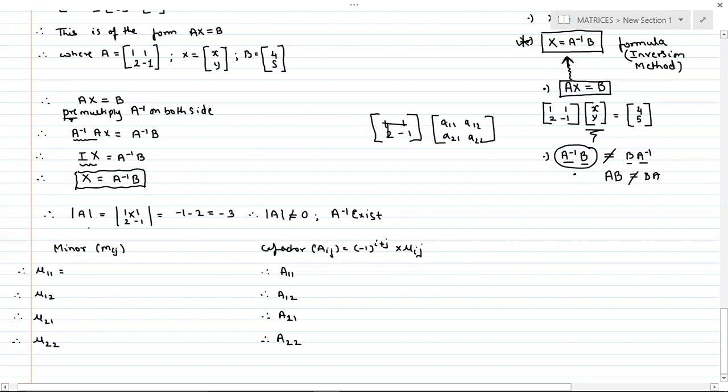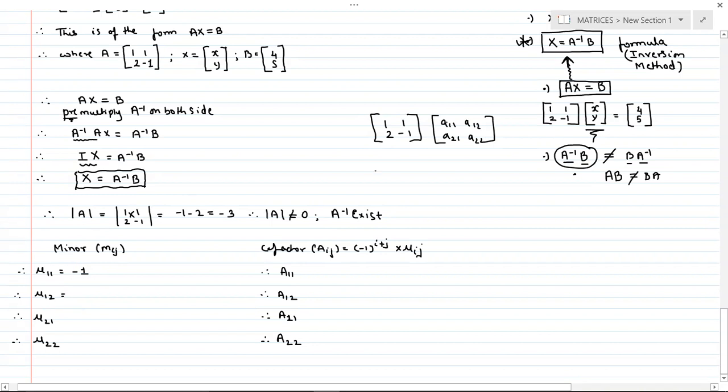So you will be left with what? Minus 1. This is what we used to do for the minor and adjoint. So if you want to find M11, see the A11 element, eliminate it as well as the neighborhood elements, and you will be left with minus 1. For a 2 into 2 adjoint method, it is very simple. Easily you will get the answer.